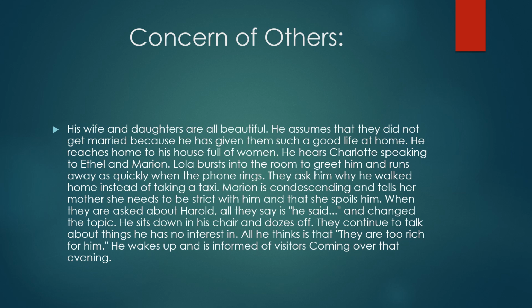When they are asked about Harold, all they say is he said, and change the topic. He sits down in his chair and dozes off. They continue to talk about the things he has no interest in. All he thinks is that they are too rich for him. He wakes up and is reminded of visitors coming over that evening.